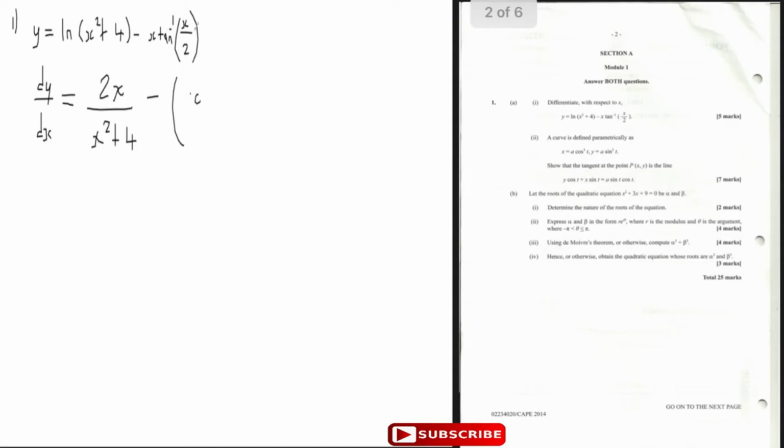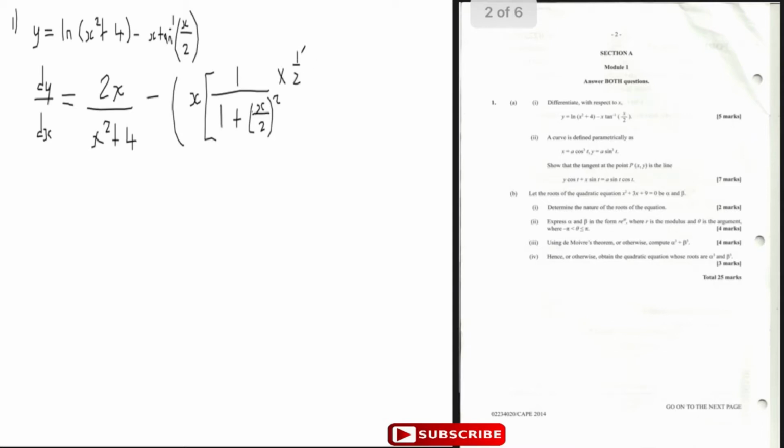the second. Now when you differentiate tan inverse of x over 2, when you differentiate tan inverse function, remember that part is going to be 1 over 1 plus (x over 2) squared, times the derivative of x over 2, and the derivative of x over 2 is a half.